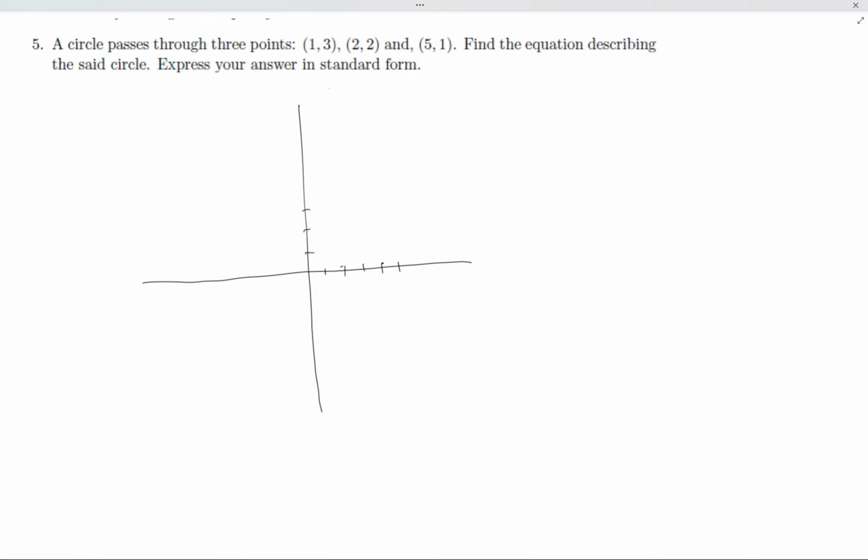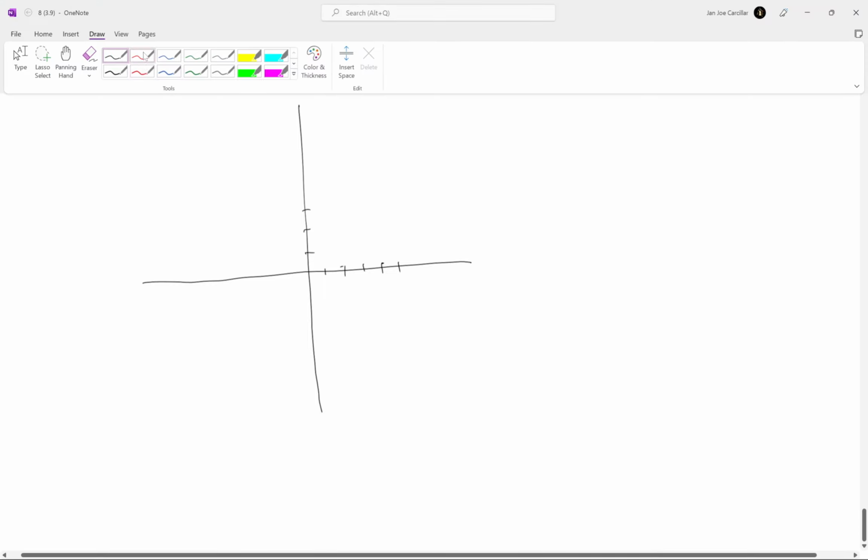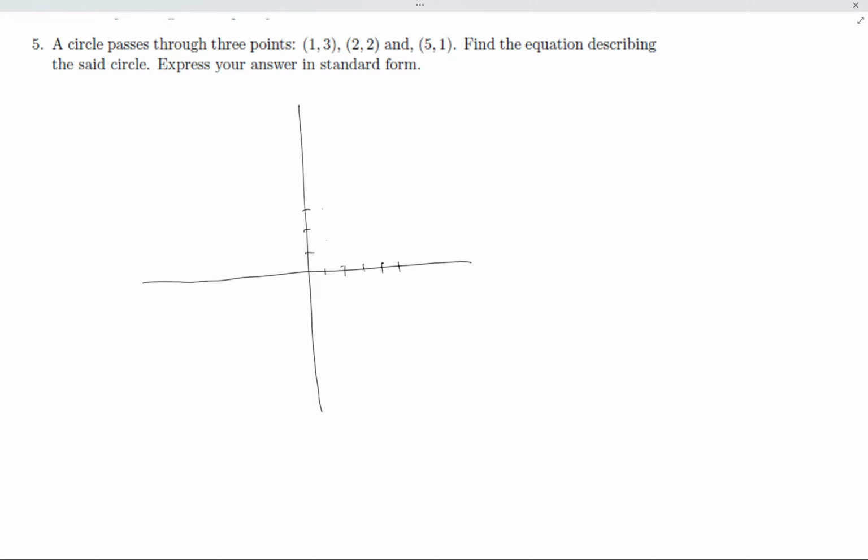Okay, so let me graph the first point, but let me change colors first. That is 1, 3, this point right here, and the other point is at 2, 2. So this point right here, that's 2, 2, and then the other point 5, 1. So somewhere around here.